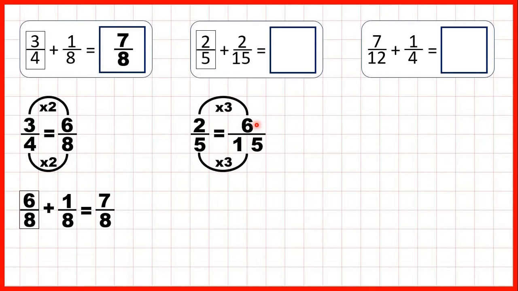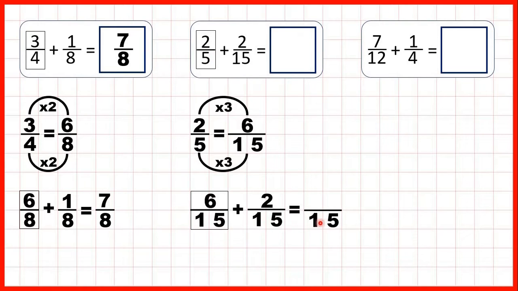So now we can rewrite our question. Instead of 2/5, we can write 6/15, because that's equivalent to 2/5. We're adding 2/15, so the denominator stays the same in our answer, and 6 plus 2 is 8, so our answer is 8/15.